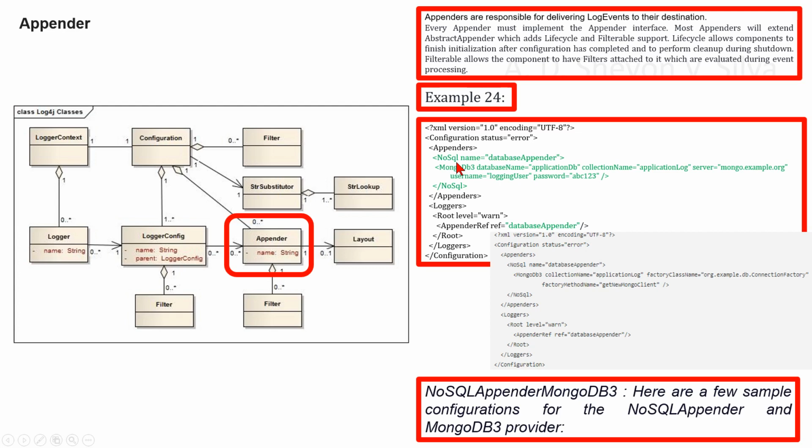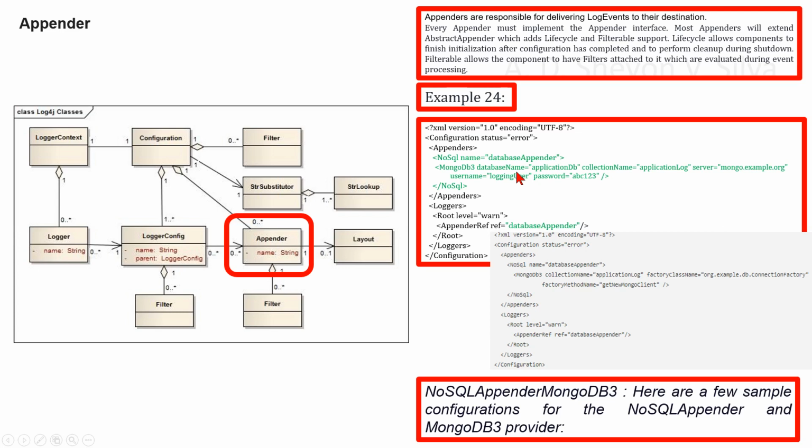MongoDB3 provider parameters. Database name, string: if you do not specify the factory class name and factory method name for providing a MongoDB connection, you must specify the MongoDB database name using this attribute.